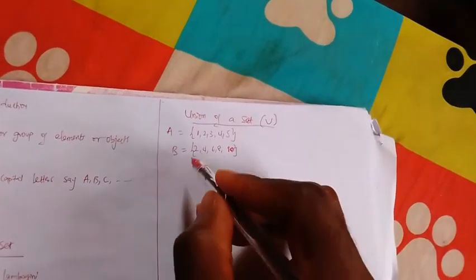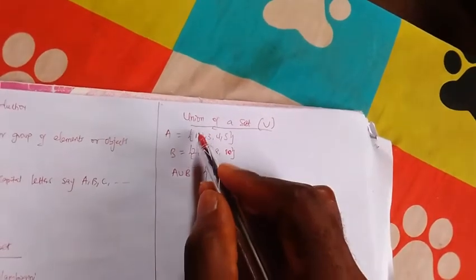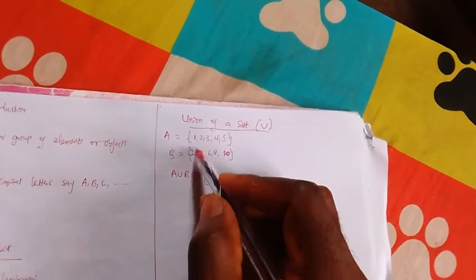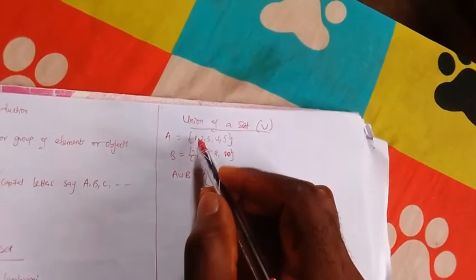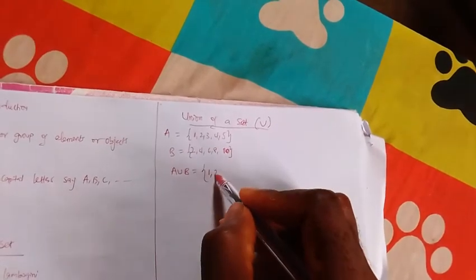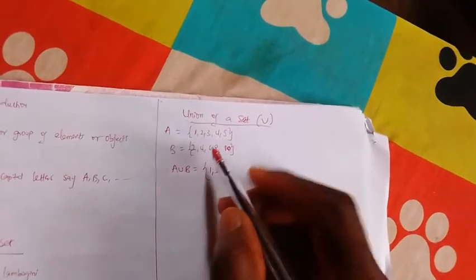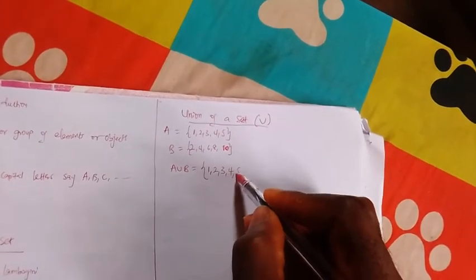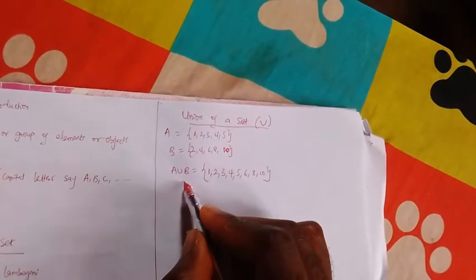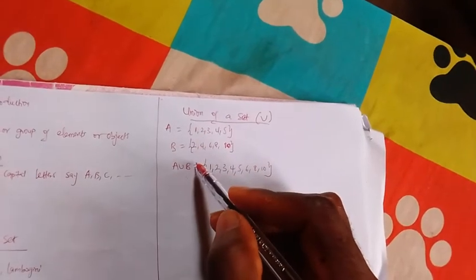Now, in this case, finding A union B is as though saying, write all the elements in A and B without repeating any of them. 1 is here, 1 is not here, write it once. 2 is here, 2 is here, write it once. 3 is here, 3 is not here, write it once. 4 is here, 4 is here, write it once. We have 5, 6, 8, 10. This is the union of A and B. That's picking elements from A and B without repetition.